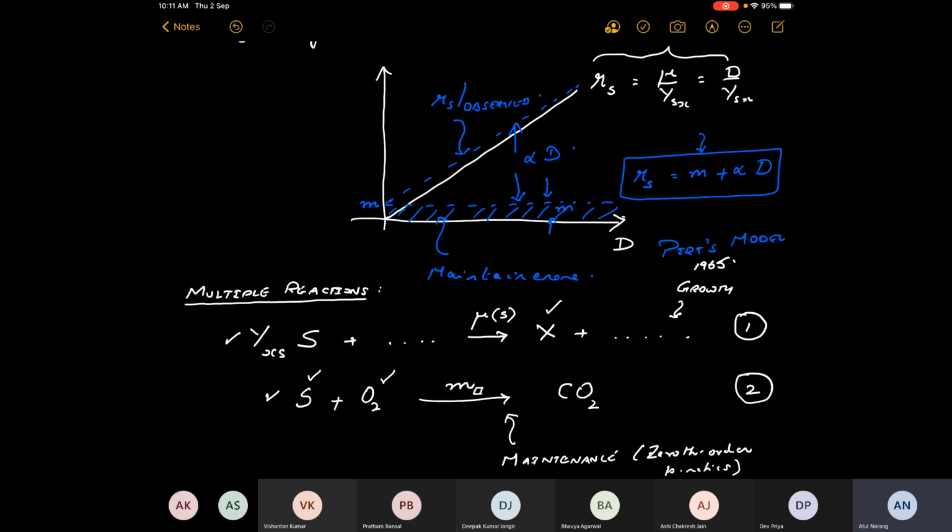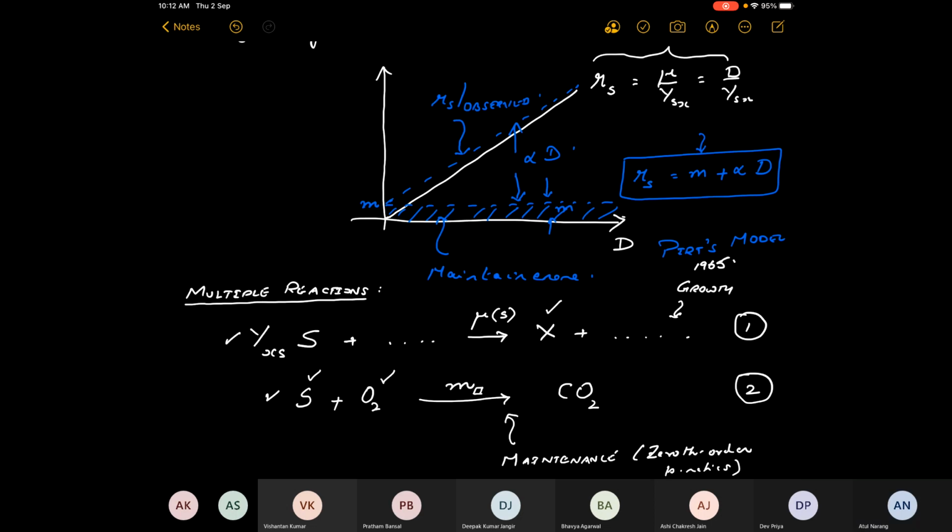The smaller the value of d, the smaller the rate of this reaction. But reaction 2, being a zeroth order reaction, has a constant magnitude regardless of the value of d. So basically, the second reaction will not be significant at large d, because at large d, mu is large, and therefore reaction 1 is much, much faster than 2, and this maintenance doesn't even show up as anything significant.